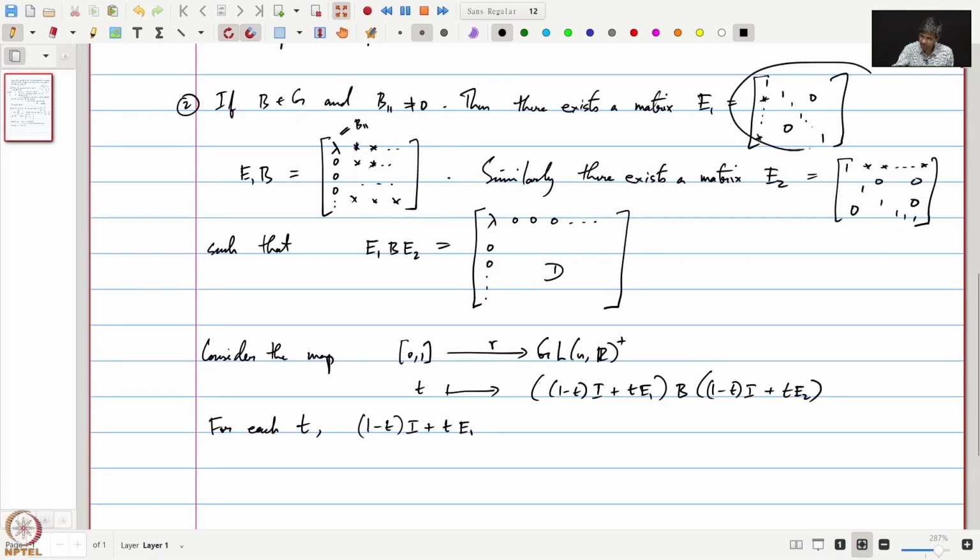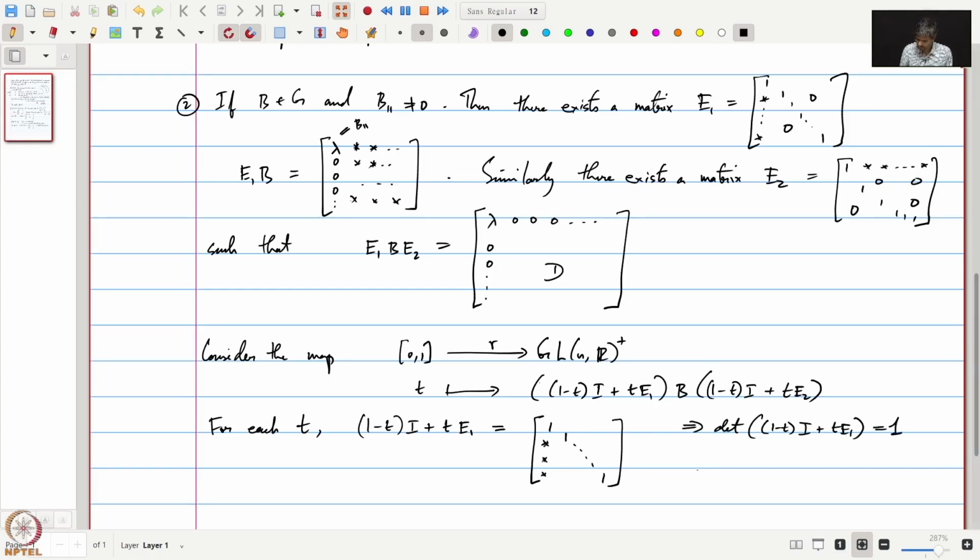E1 is a matrix of this type, so one easily checks that once again this is going to be a matrix of this type. So, this implies the determinant of this matrix is equal to 1.